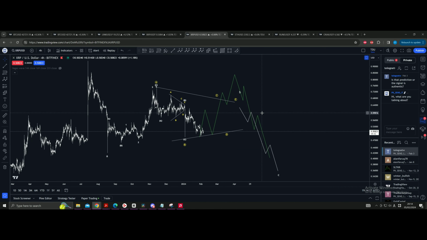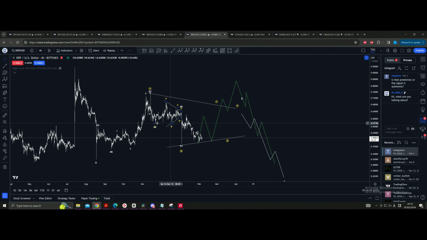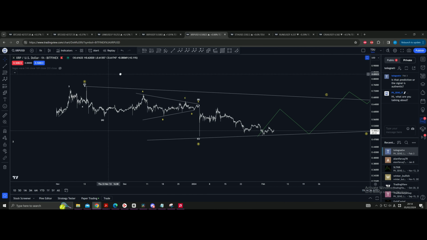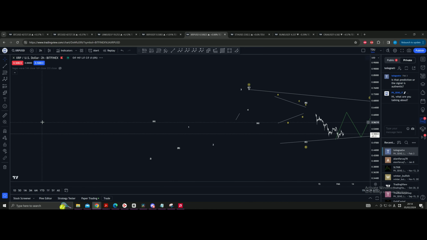That's why I have XRP as this as well. So if this was the wave D, now we had a wave A, perhaps we're going to have a triangle as a wave B in between, and then we have another impulsive down to go. What's happening here is, if you take a look, let's do 2 hours.